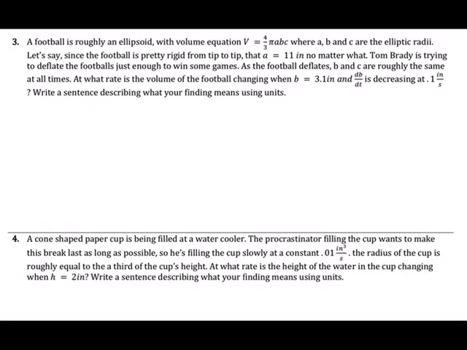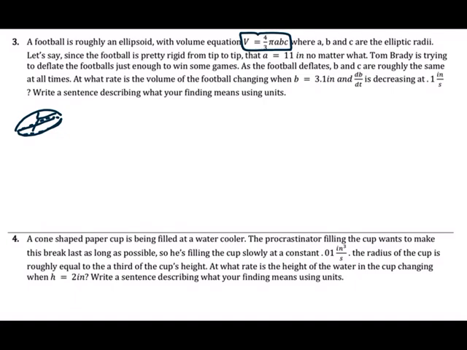A football is roughly an ellipsoid, so you can just picture, and don't judge my inability to draw three-dimensionally too much. I have a football here, and its volume can be represented using this equation here, where A and B and C are all different radii that are just being formed in the different ways of this football.